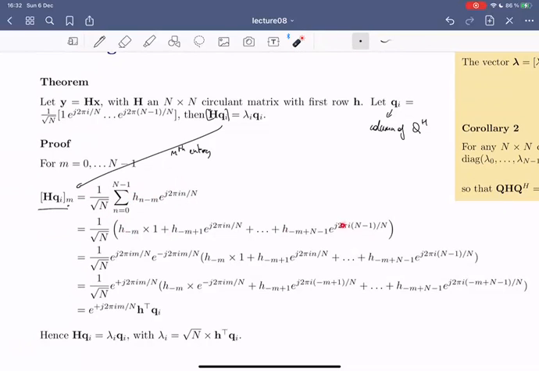I now write out this expression, so the first term is for n equal to 0, so H minus m times 1 and so forth. I now pre-multiply with e to the power j2 pi im over n and its complex conjugate, so this cancels out. And then I take this one and I multiply each of the terms with that.